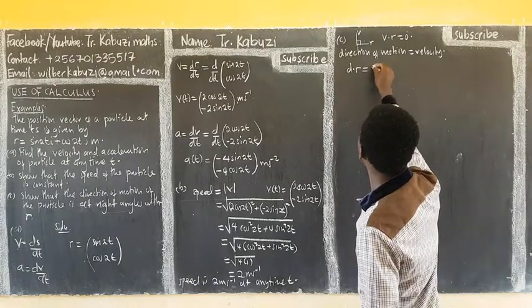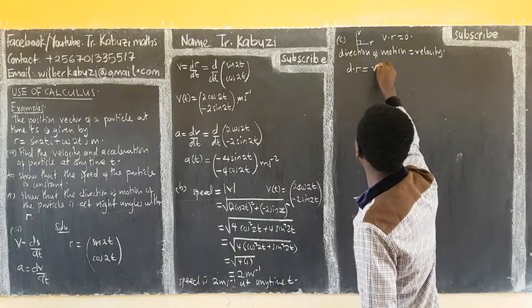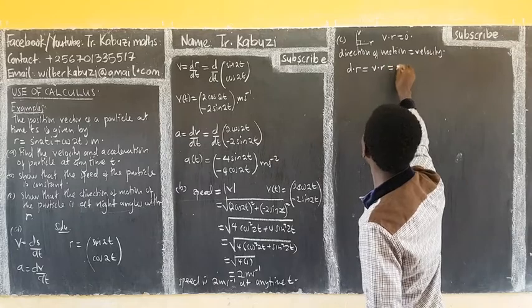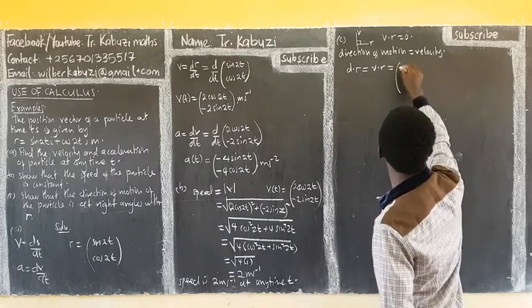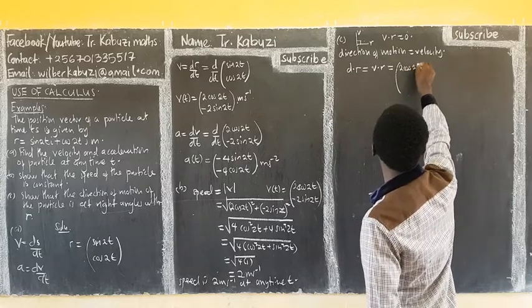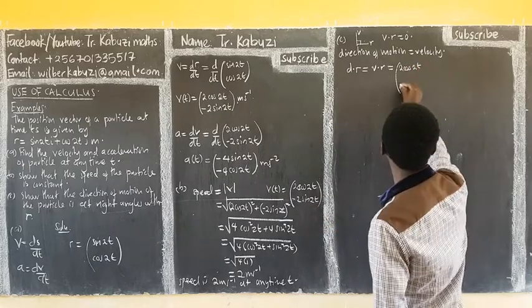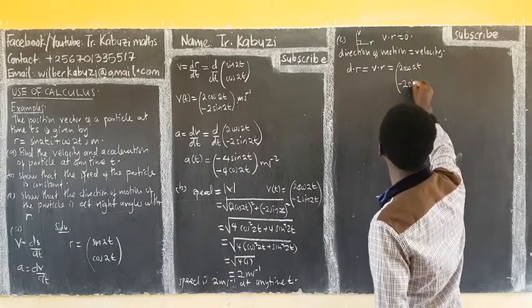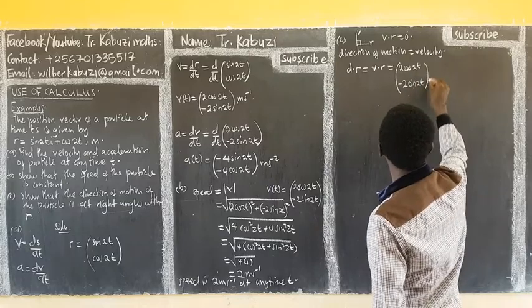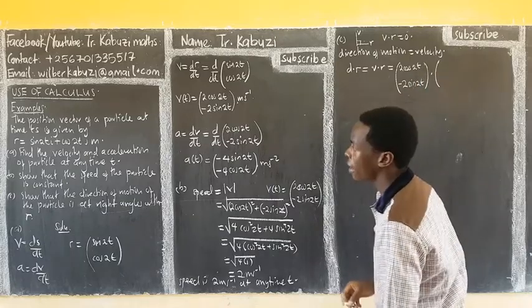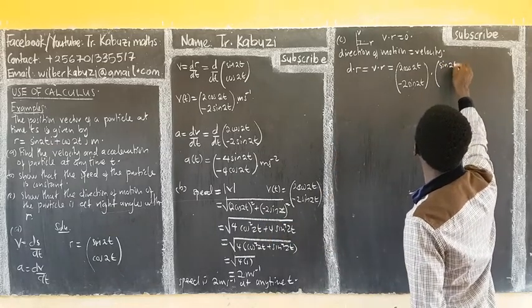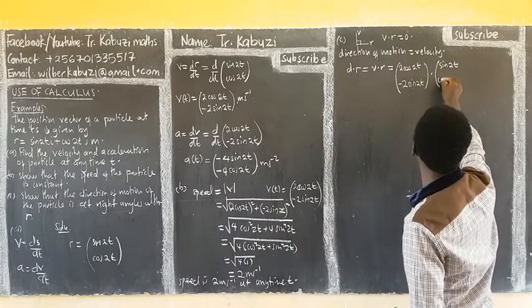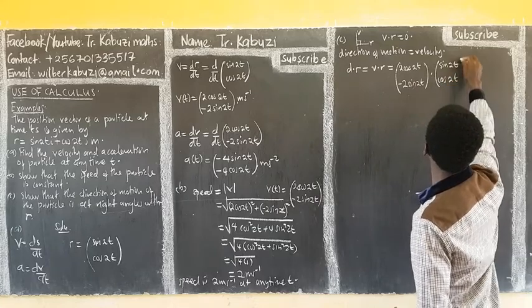So v dot r. Our v is 2 cos 2t, negative 2 sine 2t, and we dot it with r. What was our r? Our r is sine 2t, cos 2t.